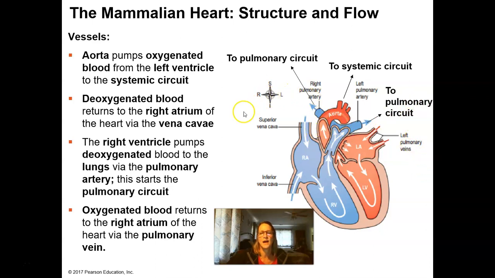And then when the blood becomes oxygenated, it's going to come back into the heart, into the left atrium, through the left pulmonary veins, or the right pulmonary vein. I don't really see the right pulmonary vein, but there's a right pulmonary vein as well, it's from over here. So the pulmonary vein brings the oxygenated blood back into the left atrium of the heart.